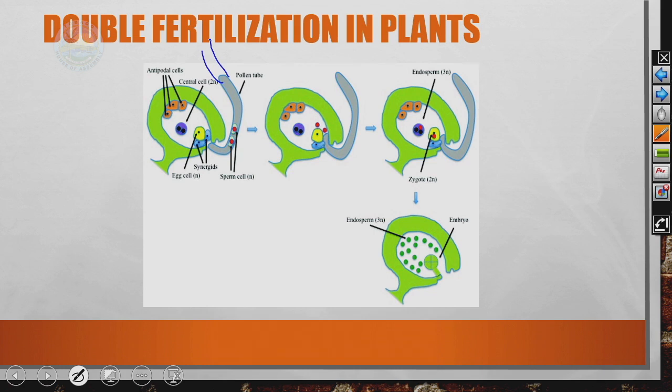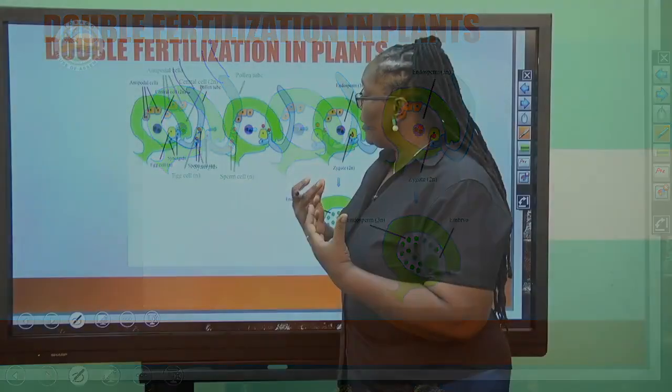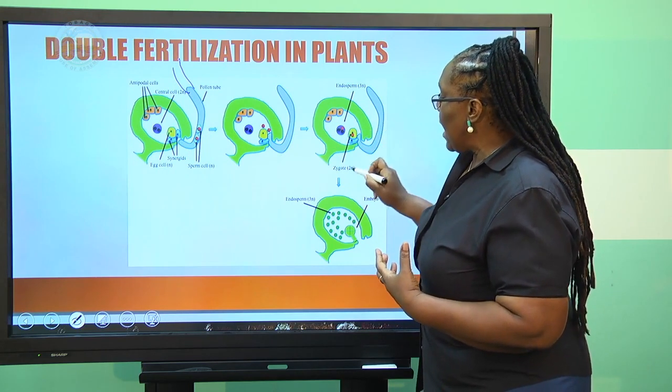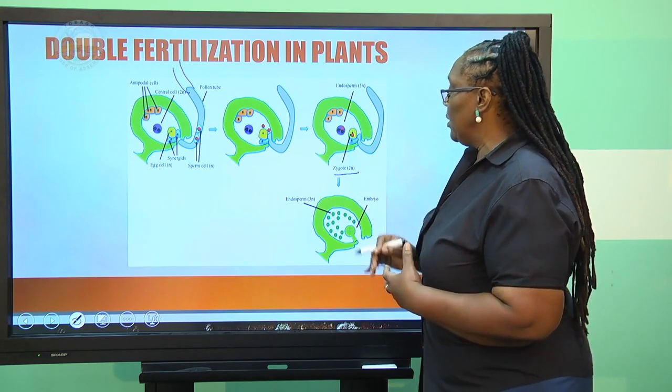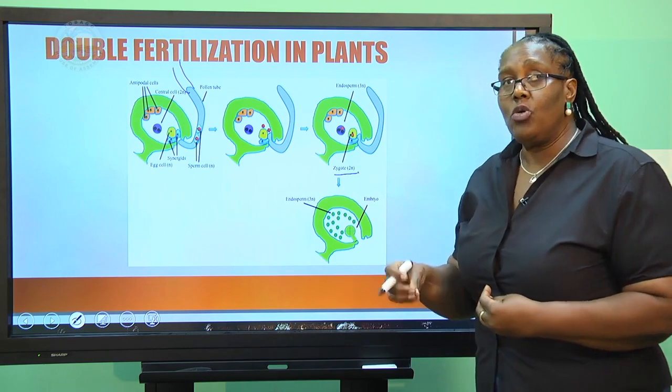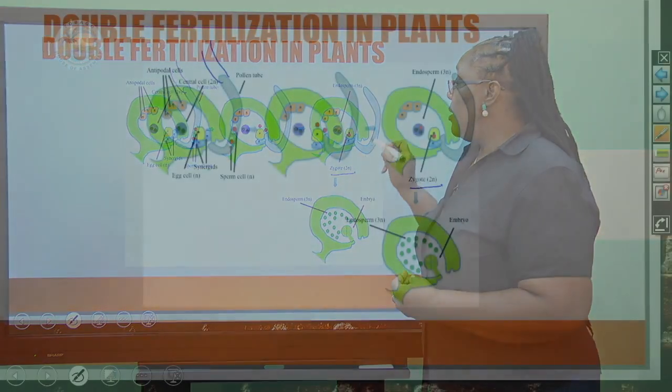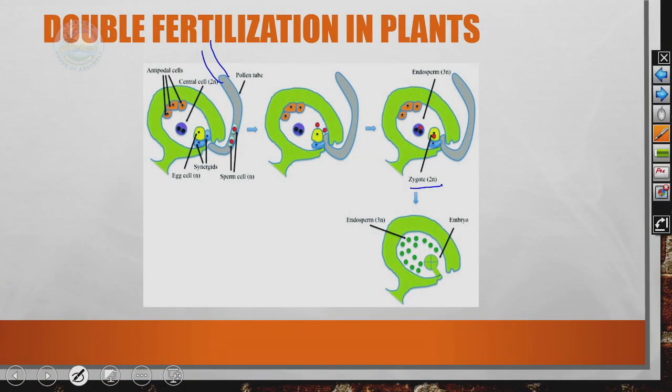One of them will merge with the egg cell. So one will merge with the egg cell, and this is your zygote. This is your new plant, and it is 2N. The other nucleus will merge with the polar nucleus that is in the middle of the embryo sac, and this now will form your endosperm.